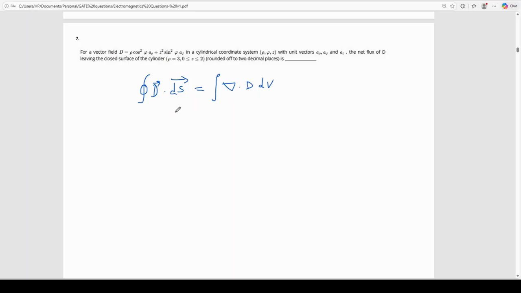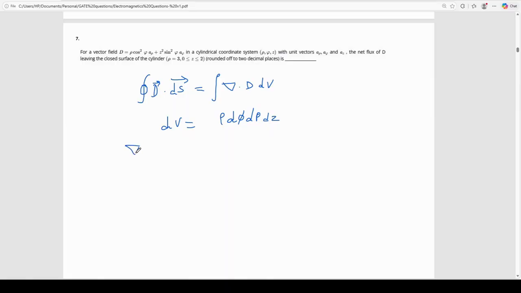In cylindrical coordinates, dv is rho d phi d rho dz. Here we have z varies from 0 to 2, phi varies from 0 to 2 pi, rho varies from 0 to 3. So let us find what is del dot D.